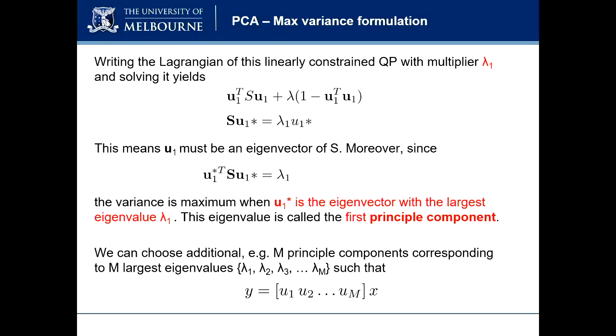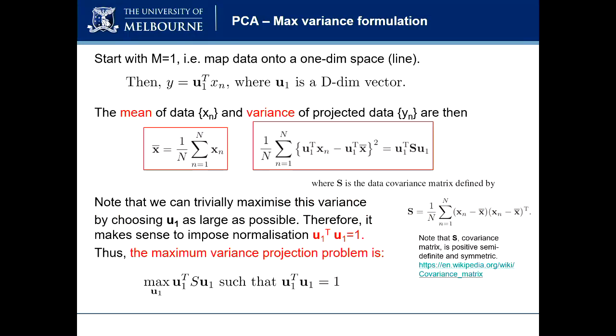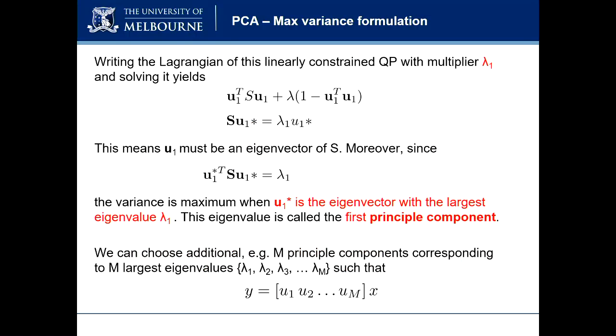So we write the Lagrangian of this linearly constrained quadratic problem. That would be an equality constraint. Notice that there is only one constraint here. Because we have only one constraint, there is only one Lagrange multiplier in this case.